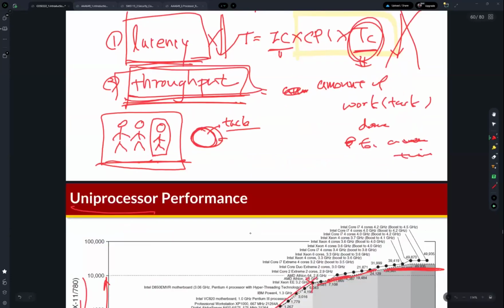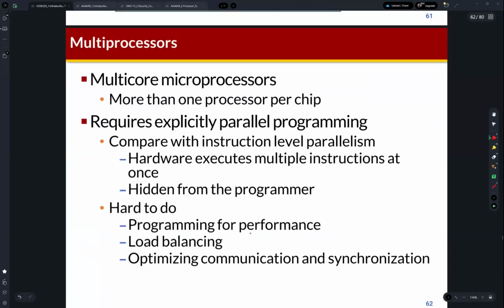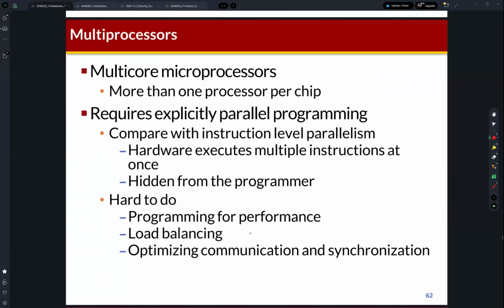It's the same for the multi-core architecture. Because of this, programming for performance, that is parallel programming, is usually more difficult.